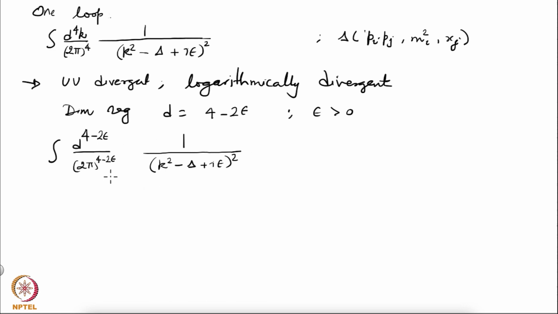So let's evaluate this to see the explicit form of the singularity in the epsilon going to 0 limit, or d going to 4 limit. We have evaluated this integral already, and I'm just going to put d equal to 4 minus 2 epsilon in the result.